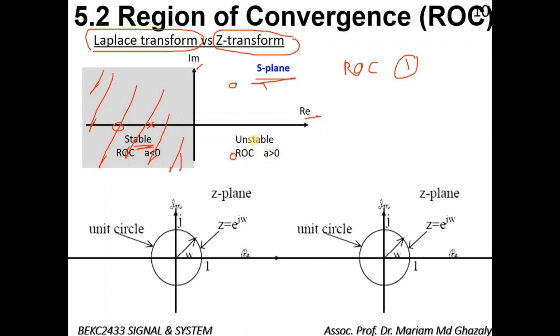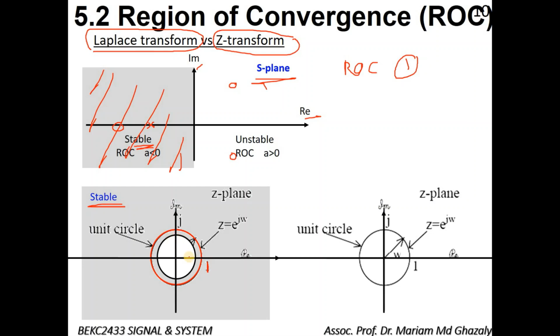Okay, so in contrast, for the Z transform, down here, if you see the first one, I have drawn a unit circle over here. So let's see how it looks if the system is stable. If the system is stable, the unit circle is the one with the red line, so 1.